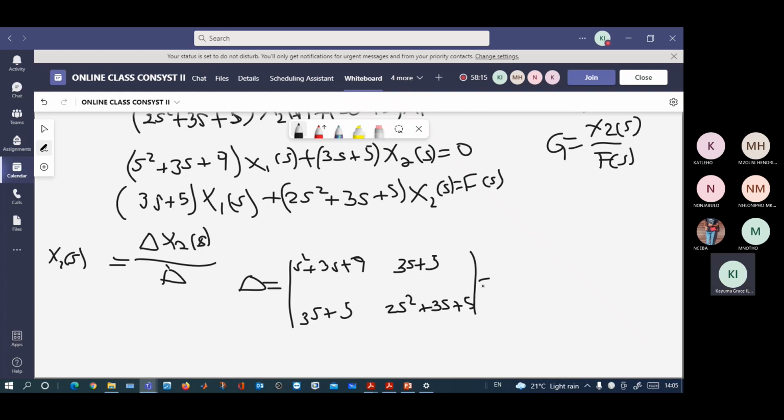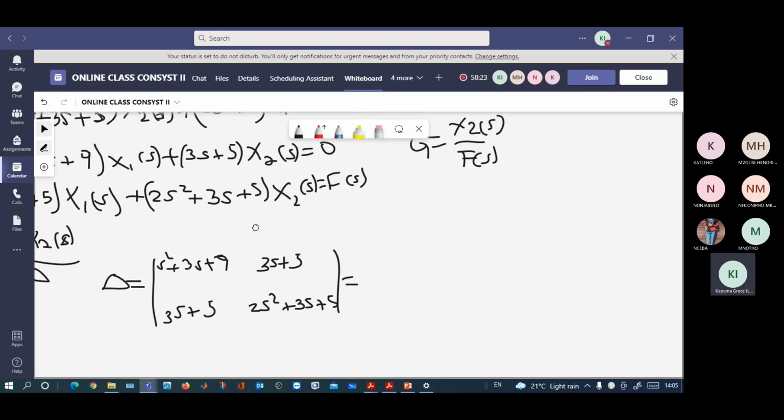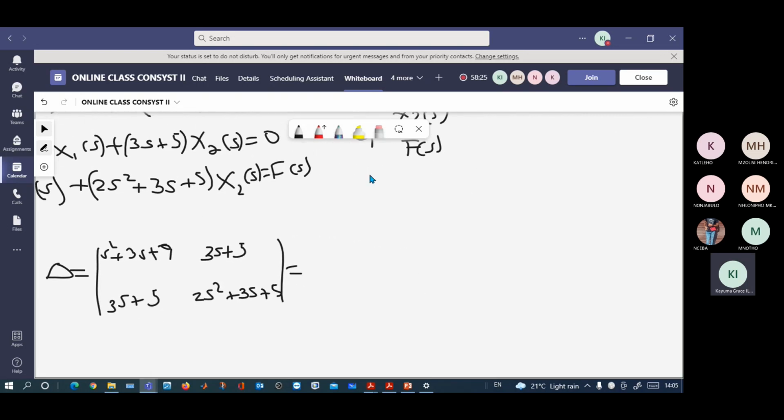So this is going to be equal to what? Let's try to solve this one here. Maybe long, so we can put it this way.